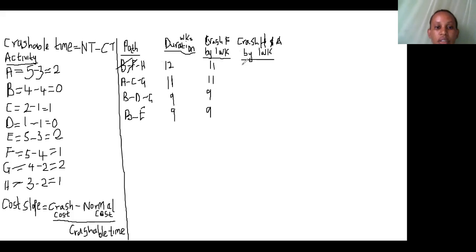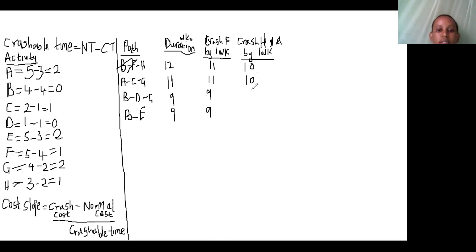So by crushing activities A and H together, let's see the effect of this on our project. The path BFH, because of H, its duration will reduce by 1 week. We were at 11, now the period is at 10 weeks. Because of the A in our next path, the period has an amount of 11 weeks. It will go down by 1 week to stand at 10.